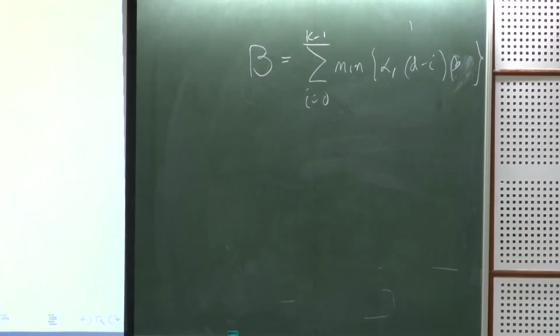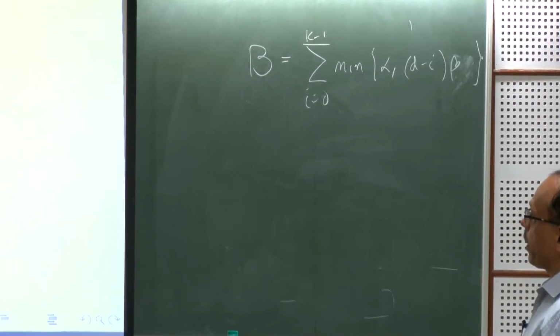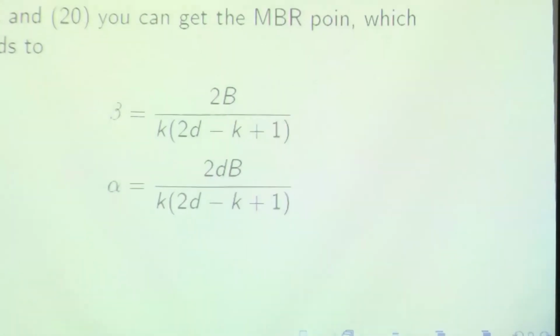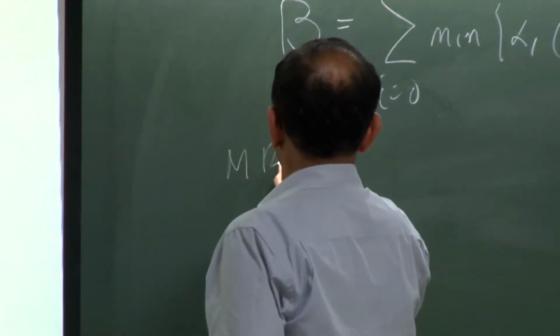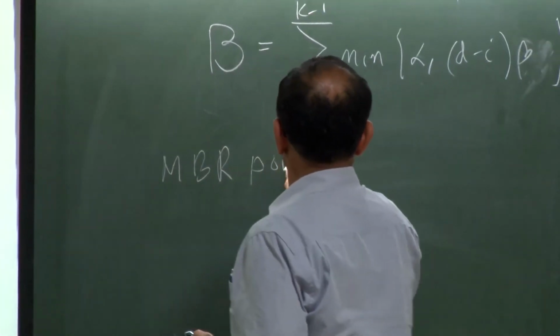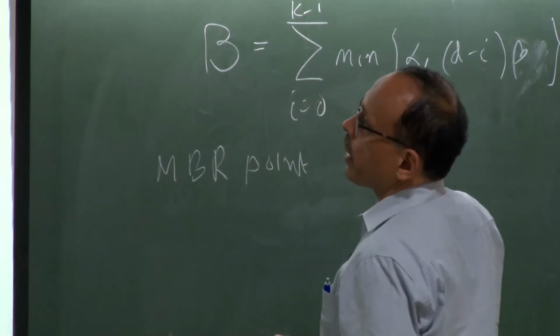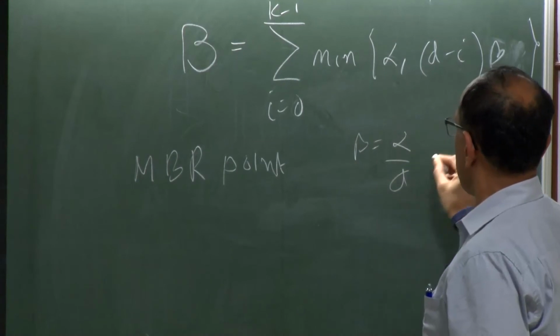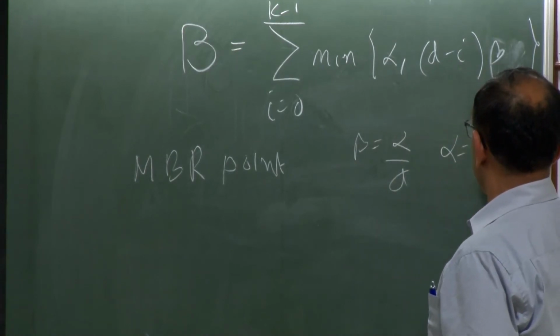So what is really the condition for the MBR point? Beta should be equal to alpha divided by d. So alpha is equal to d beta, correct?